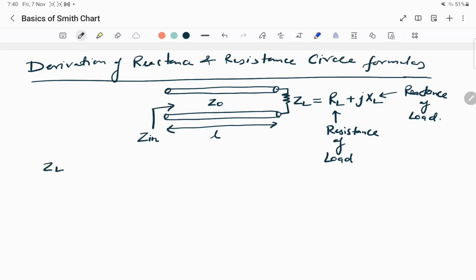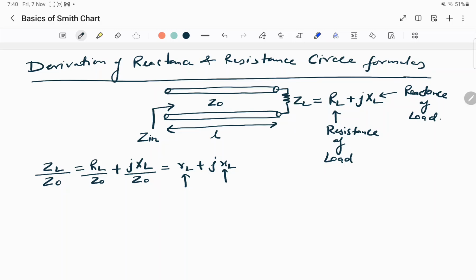Since ZL is our load impedance, we are going to divide it by the characteristic impedance Z0. So we will get RL divided by Z0 plus j XL divided by Z0. This can be written as small r_L plus j small x_L. Notice that this is a small case letter r and this is a small case letter x.